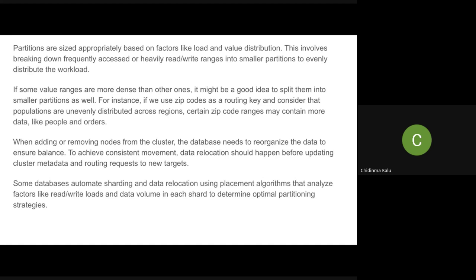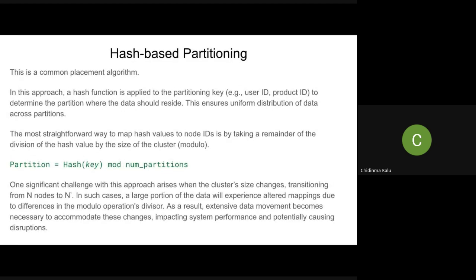I would talk about some placement algorithms that databases use for database partitioning. One of the common placement algorithms is hash-based partitioning. Hash-based partitioning is an approach where a hash function is applied to the partitioning key, like I mentioned before, it can be user ID, product ID, timestamps, zip code, whatever, to determine the partition where the data should reside.